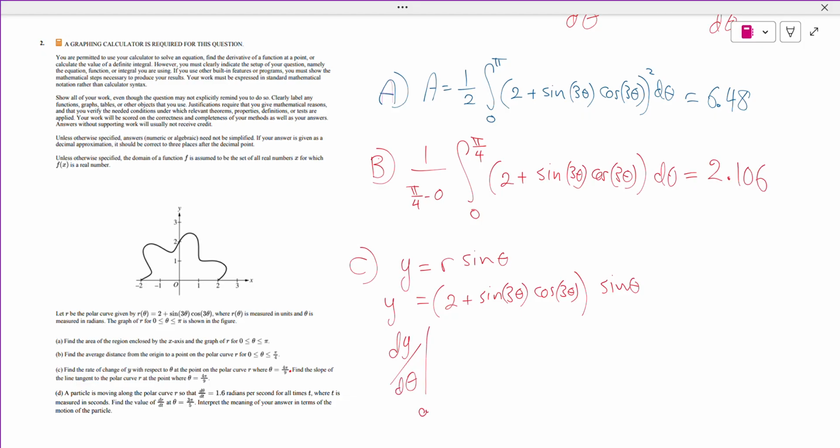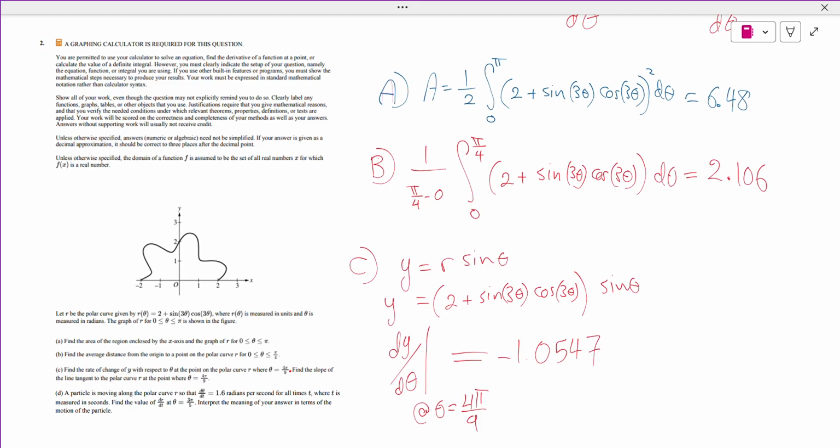So by using the calculator, dy over d theta at theta equals 4 pi over 9 is equal to negative 1.0547.